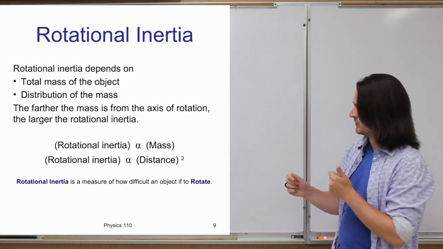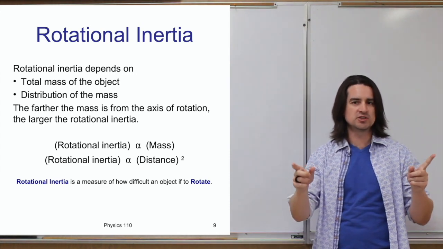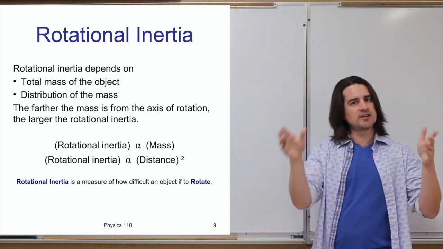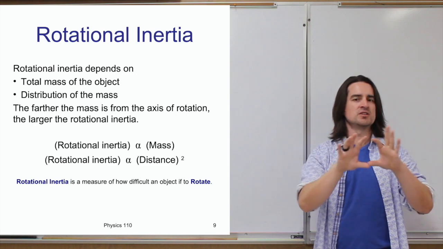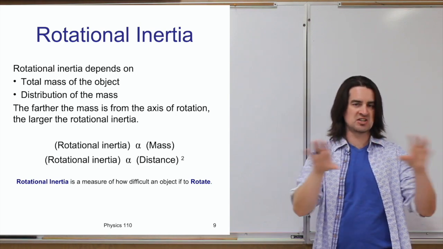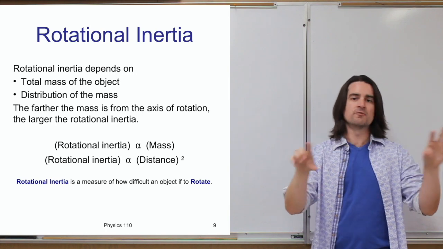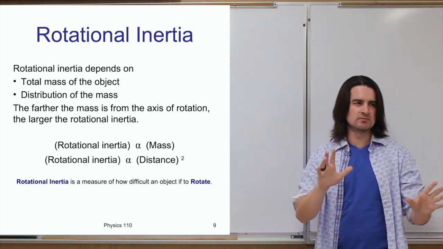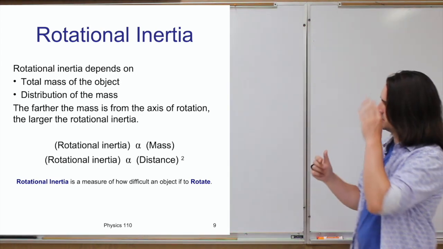So that bat has a certain rotational inertia about the axis in that picture that was through the handle. If I try to get it to rotate about the center of the bat, then the mass is distributed differently around the axis. It's actually more uniformly distributed around the axis now. And it's going to have a different rotational inertia. So you can start to see why, when we talk about rotation, it's always a little bit more complicated. But yeah, there you go.